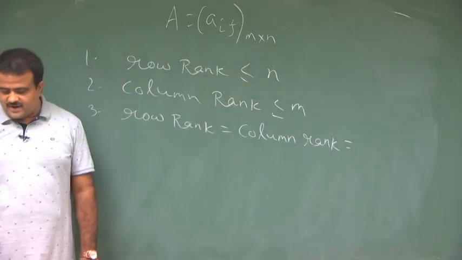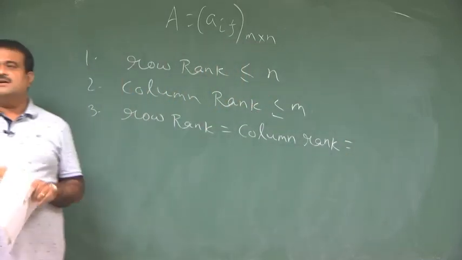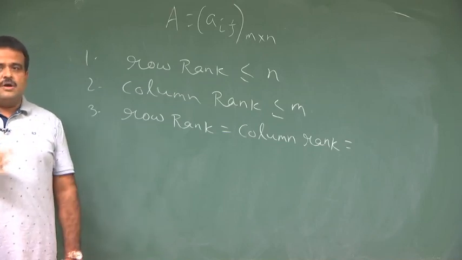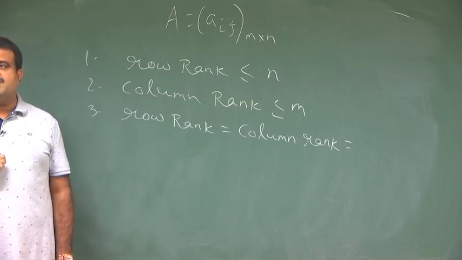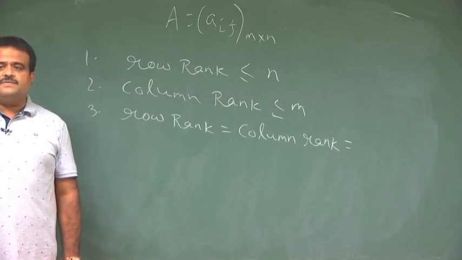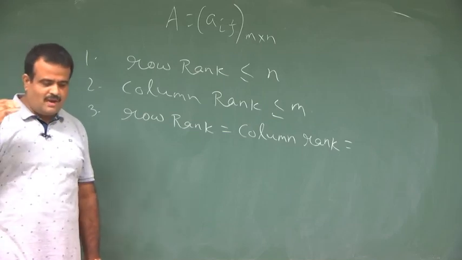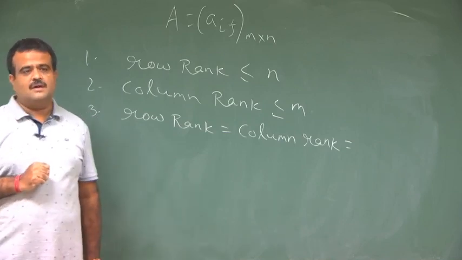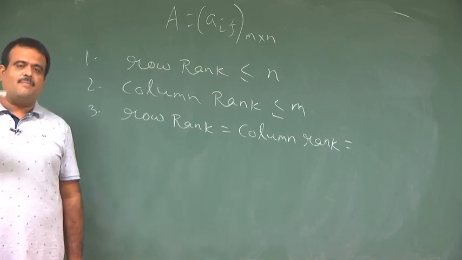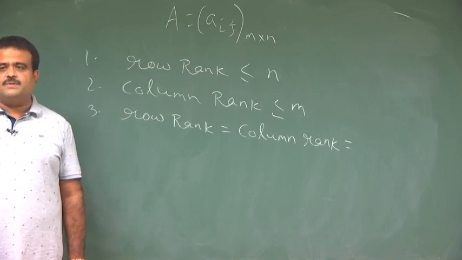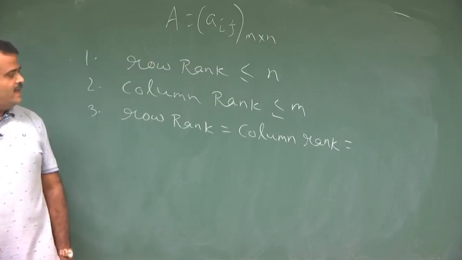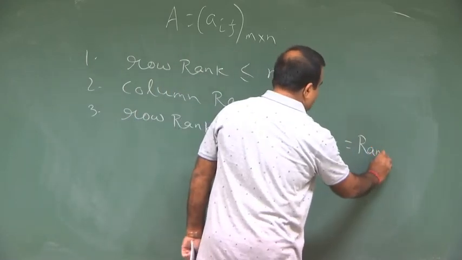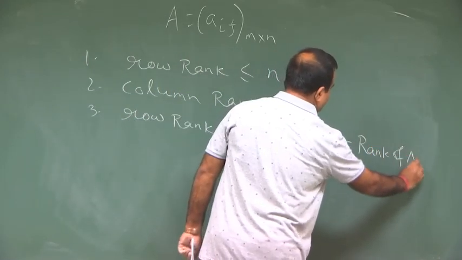We know the rank of the matrix by taking the minors. We have seen in the last class that this is called the determinant rank. If the rank of a matrix is R, it means we have an R order non-zero minor, whereas if you take R plus 1 order, R plus 2 order, all the minors are 0. So, this is the rank of A, called the determinant rank.